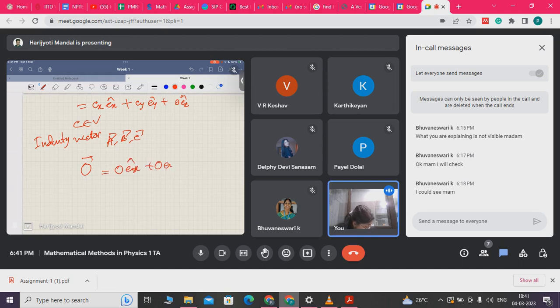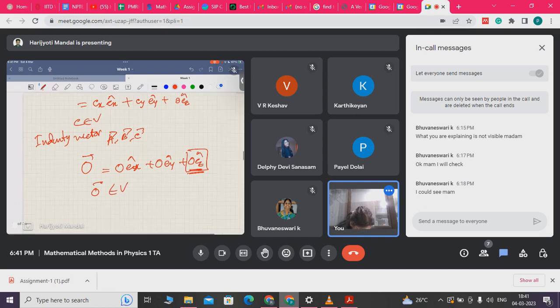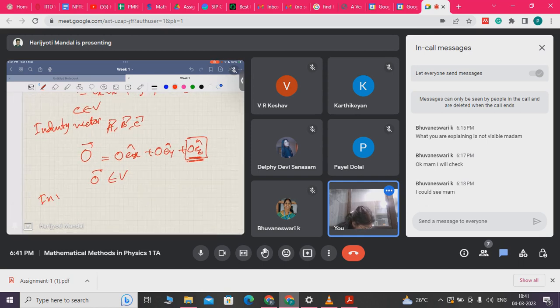So 0 is Ex, we can write in this way, Ey, Ez. See, we have been given that Az, which is the coefficient of Ez, needs to be 0. So here the coefficient of Ez is 0. So 0 also belongs to this vector space.